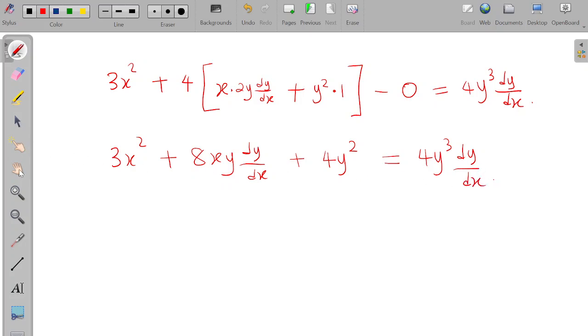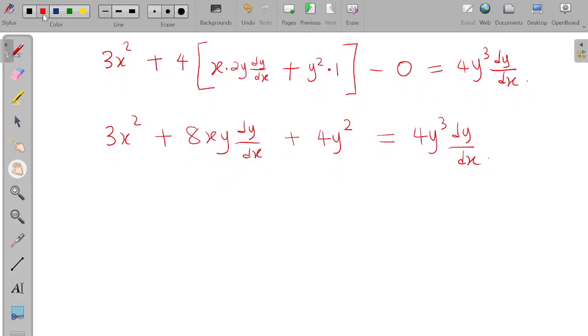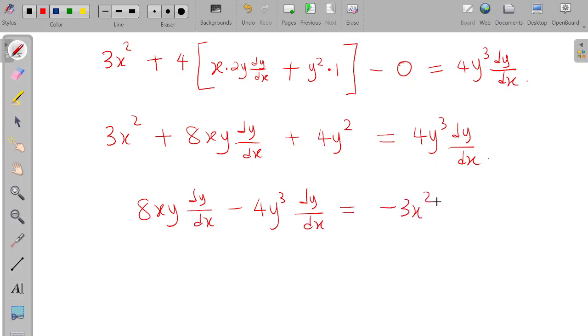So we bring everyone with dy over dx together, and bring every other one to the other side. So 8xy dy over dx minus 4y cubed dy over dx equals negative 3x squared minus 4y squared.